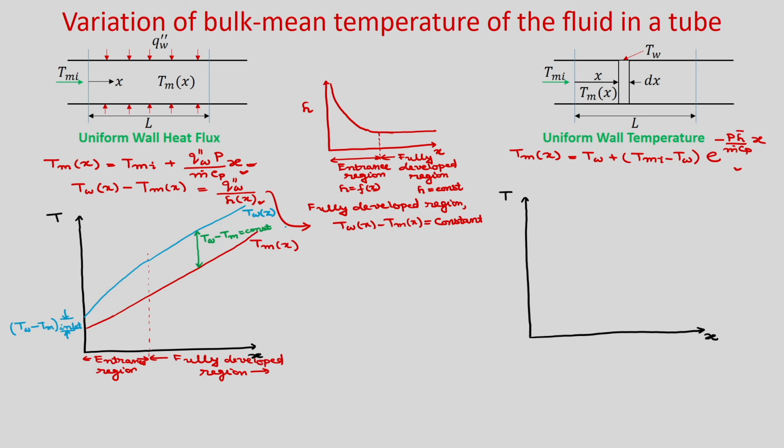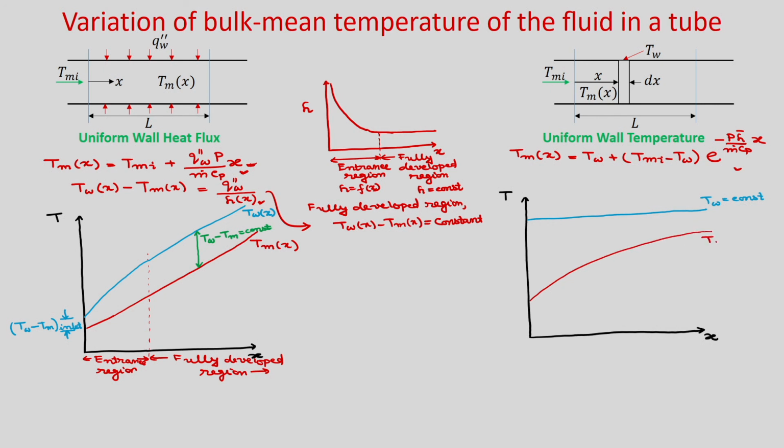Now, you plot for uniform wall temperature. So, for uniform wall temperature, T w is constant, right. So, you can draw this T w, it is constant, okay, and your T m will vary exponentially. So, if you plot it, there will be variation like this, okay.